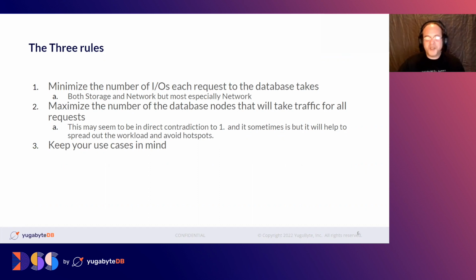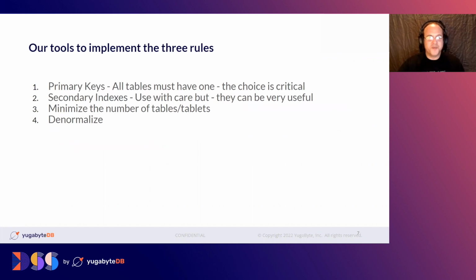So just keep your use cases in mind. That's the third rule. And as we go through some of the examples, we'll touch on a few different use cases so you can see how to optimize for those.